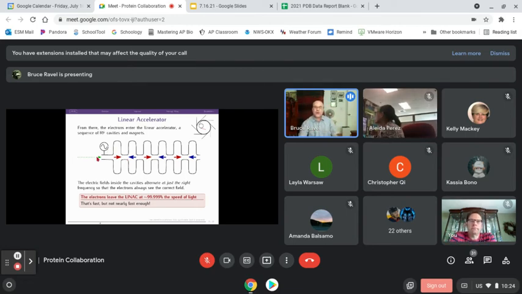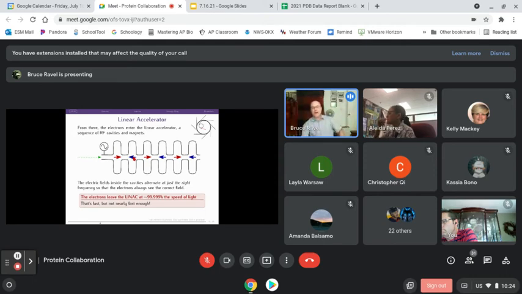So as the electrons are passing through this cavity, they get accelerated forward by the first cavity. In the time that it takes them to pass through this little connector, all of the electric vectors are turned in the other direction. So now as the electrons enter the second cavity, this blue arrow pointing that way is actually a red arrow pointing that way and pushes the electrons forward a little bit faster.